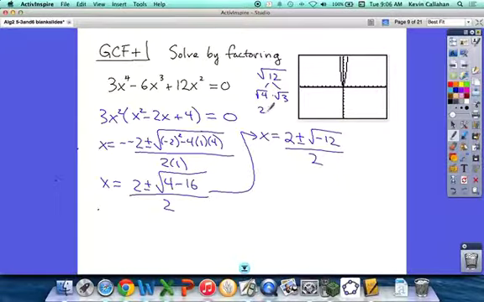That's 2 times the square root of 3. So x equals 2 plus or minus 2i times the square root of 3 over 2. And then you could divide the 2 into both terms. So this is x equals 1 plus or minus i root 3.